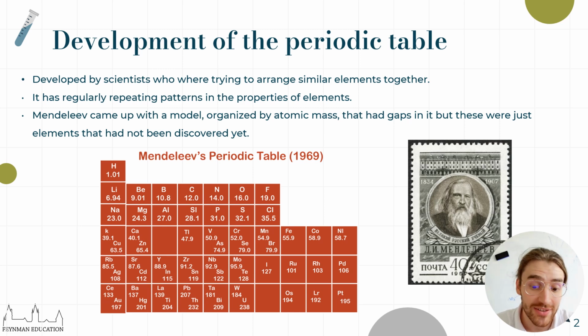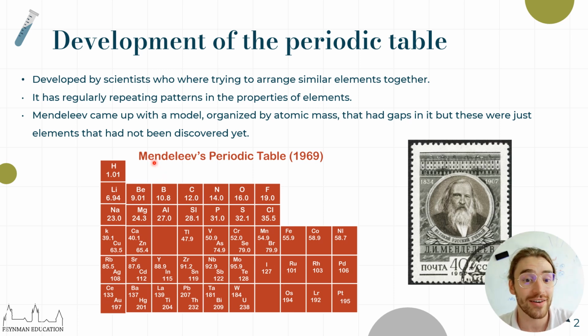Mendeleev came along and decided to organize them based on their atomic masses. But when he did this, he found that there were gaps in his periodic table, and he said that these were elements that had not yet been discovered.